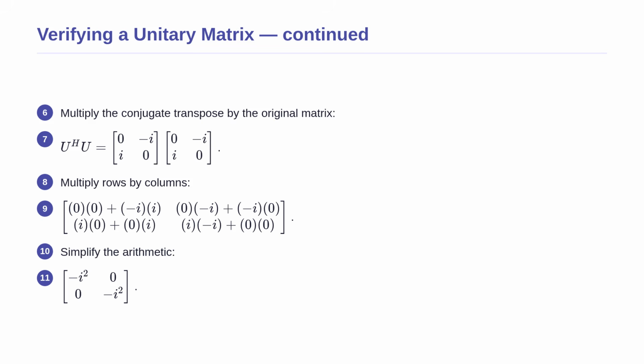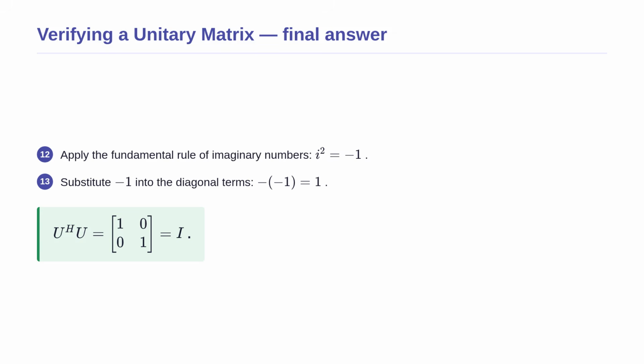Now for the final steps of our calculation, we apply the fundamental rule of imaginary numbers, which states that the imaginary unit squared equals negative 1. Therefore, the term negative I squared becomes a positive 1. Substituting this back into our matrix, we get 1s on the main diagonal and zeros everywhere else.